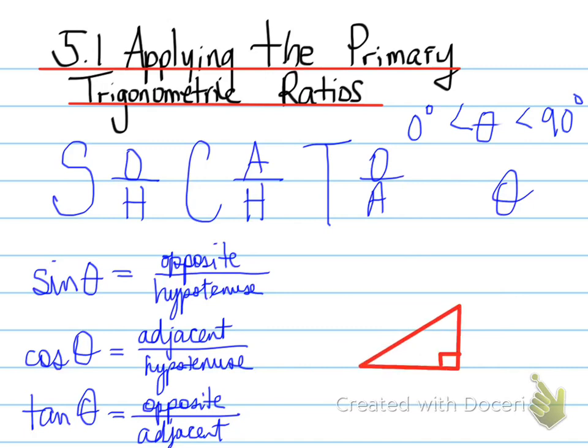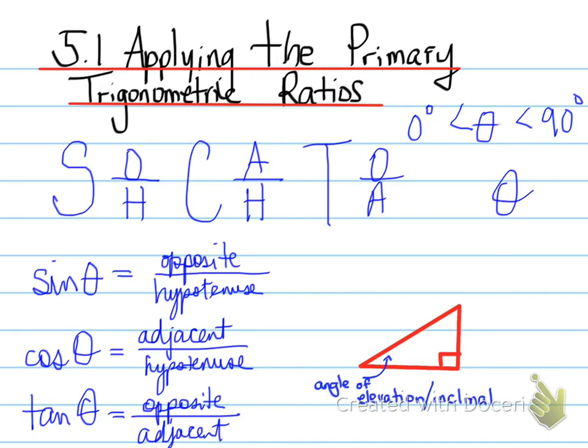So, when we look at this, we need to identify the angle first. The angle that we're going to identify, this angle right here, is known as an angle of elevation. We need to know the difference between an angle of elevation and an angle of depression. An angle of elevation starts at the horizontal and points upwards as such.